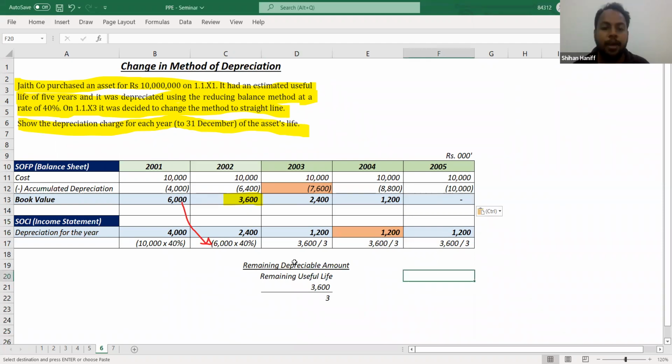Okay, so let's move to the next point. Now we did the depreciation basics, types of depreciation, and changing the depreciation method from reducing balance to straight line.